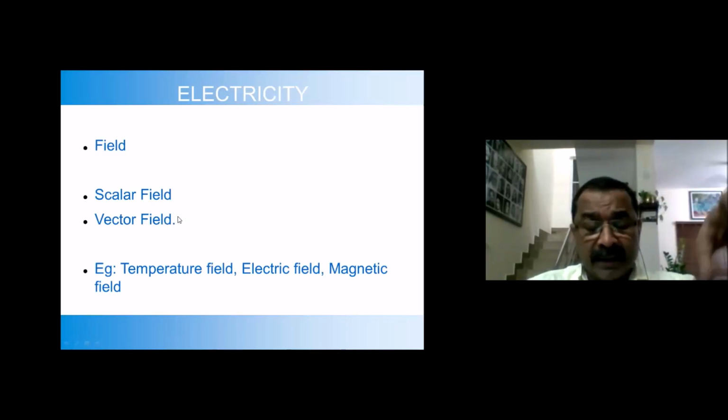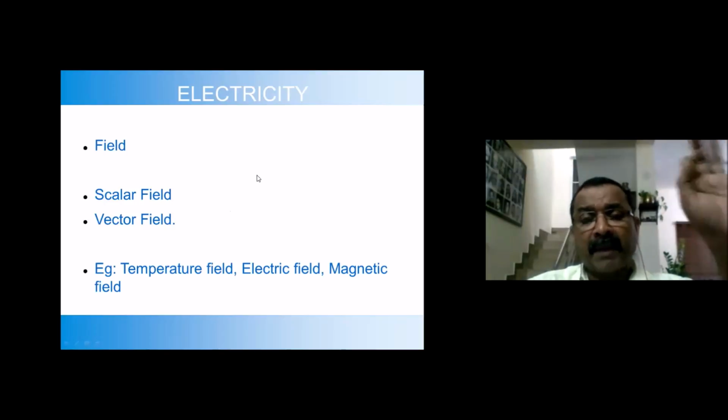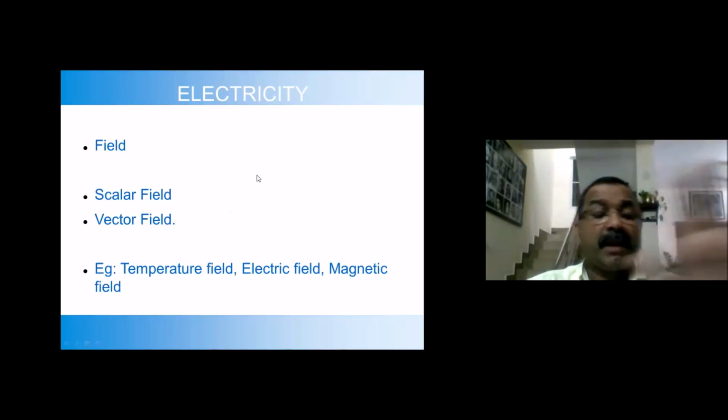For example, we just saw such a field, the magnetic field. It has a direction. Its effect originates from the North Pole and ends at the South Pole. Such a field has a magnitude as well as a direction, and such fields are called vector fields.